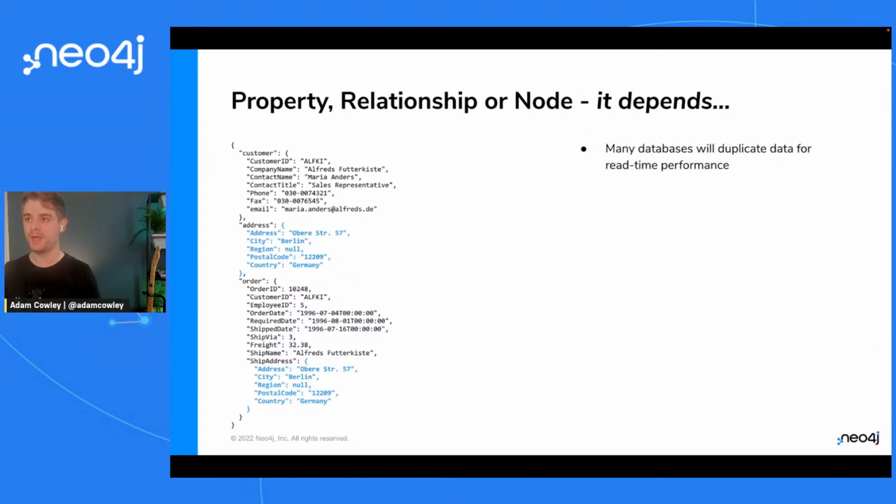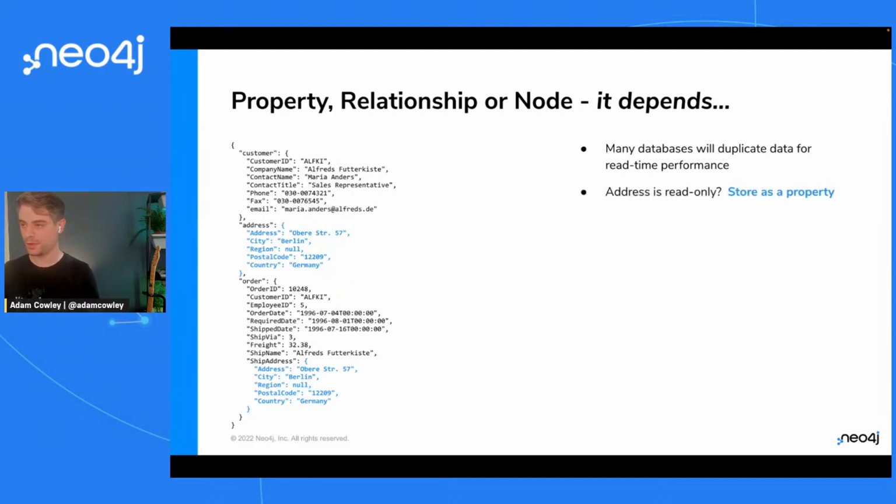Now, many databases will duplicate data for read time performance, and that's absolutely fine. It's something that we'd expect for use in Neo4j as well. But actually having that property as part of the graph may be able to enhance what you're able to do with it, and it may be able to improve how you work on the data.